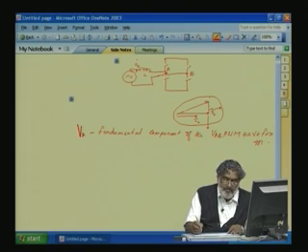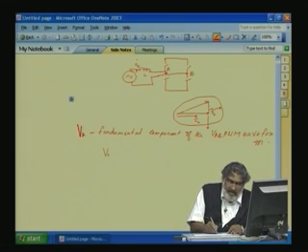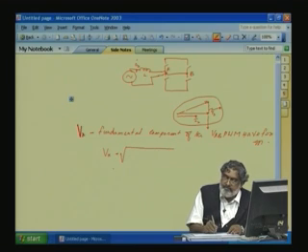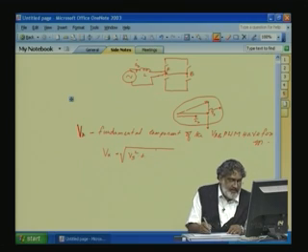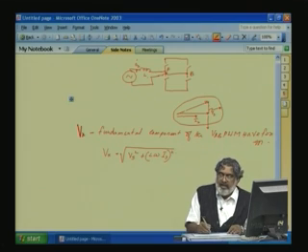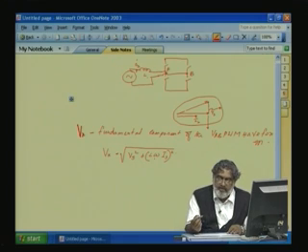It will be VR equal to root of Vs square plus (L omega Is) square, where omega is the mains frequency. This L omega Is is the peak value of the sinusoidal current here, L omega is the drop.